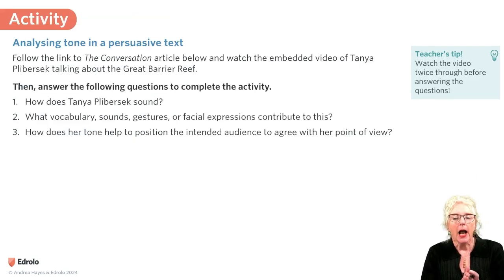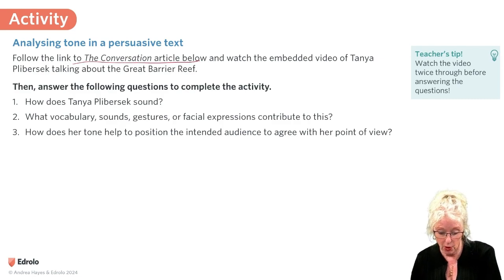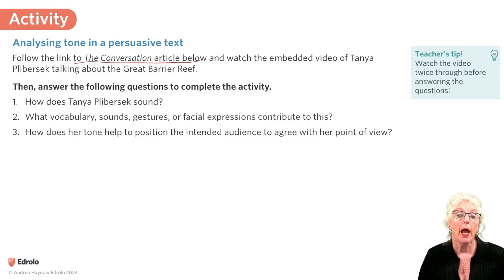This activity asks you to analyse tone in a persuasive text. You need to follow the link to the Conversation article below and watch the embedded video of Tanya Plibersek talking about the Great Barrier Reef. Then answer the following questions to complete the activity. Question 1, how does Tanya Plibersek sound?